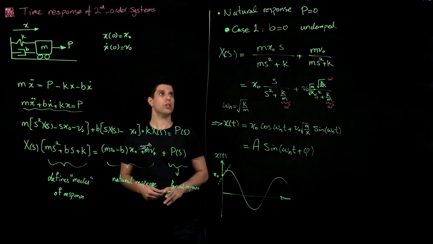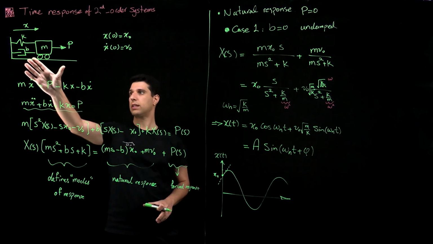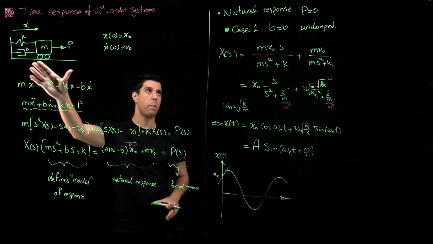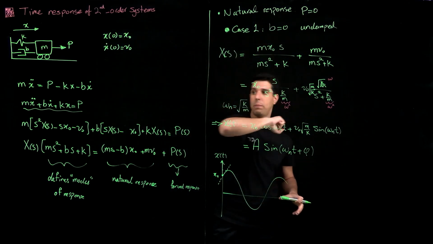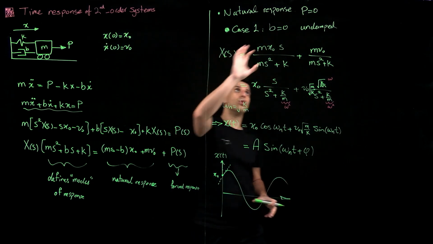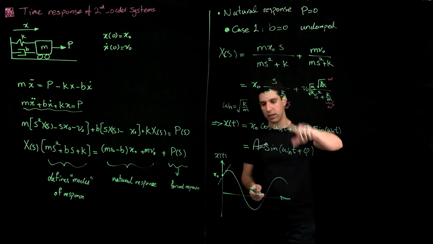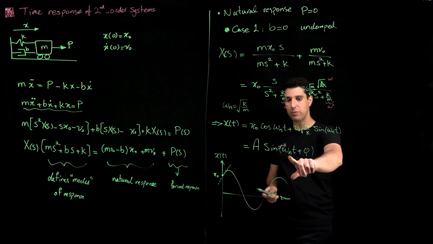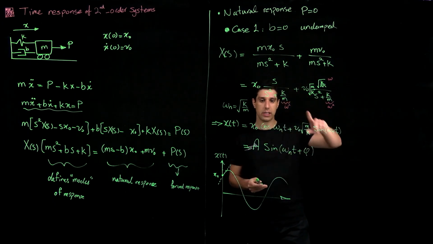So long story short, if I have a second order system with some initial condition and no damping and no external input, the response is sinusoidal with the natural frequency of the system, square root of k over m, and it oscillates forever.